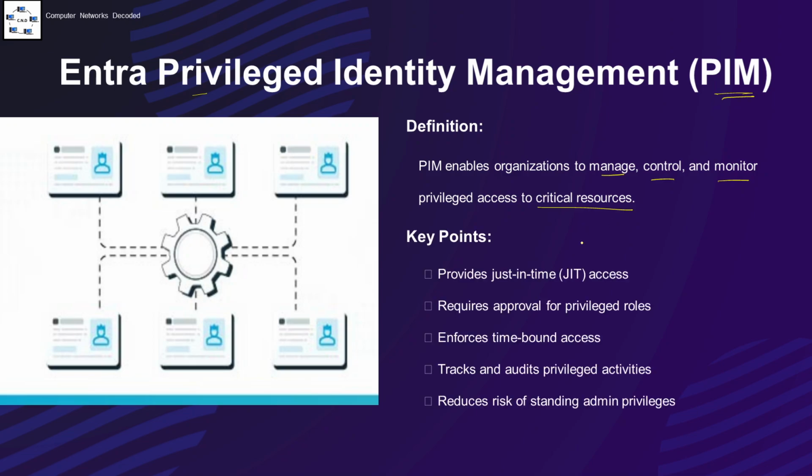Key points to consider here are that it provides just-in-time access. What does this mean? This means that if access to a critical resource is required, it is given just for a specific period of time, let's suppose 1 hour, for which the access is required, and then it is automatically revoked. It requires approval for privileged roles.